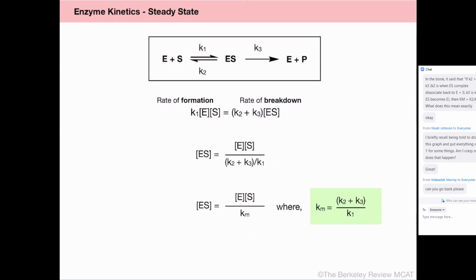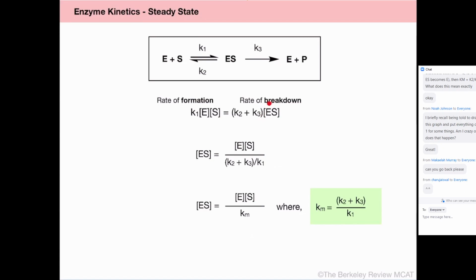Now if we wanted to solve for the concentration of your enzyme substrate complex, you can rearrange the equation and get enzyme times substrate all over k2 plus k3 divided by k1. This is now where we're going to introduce something called Km, which is the Michaelis-Menten constant. And let's pause here.